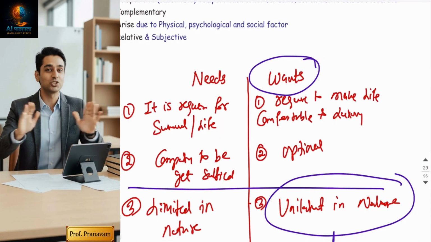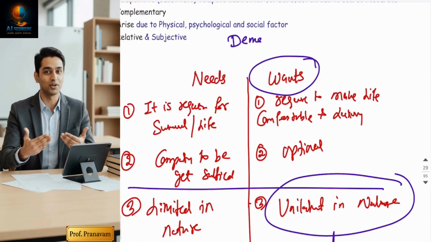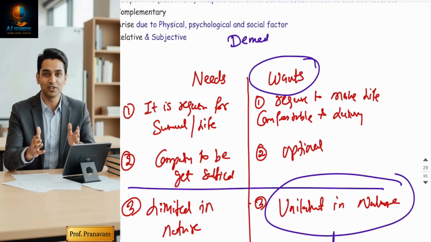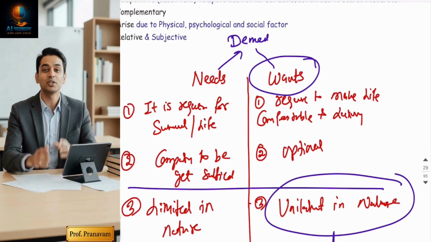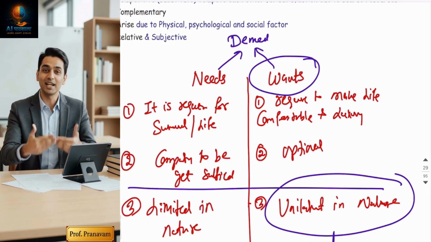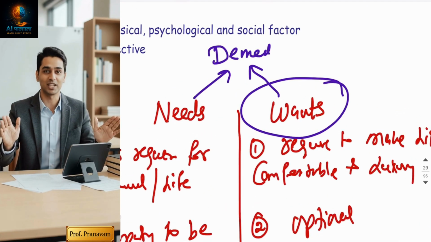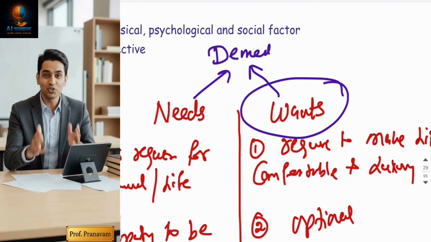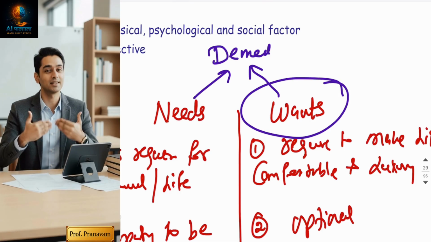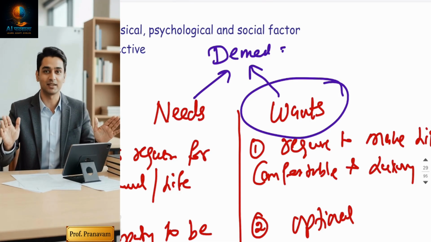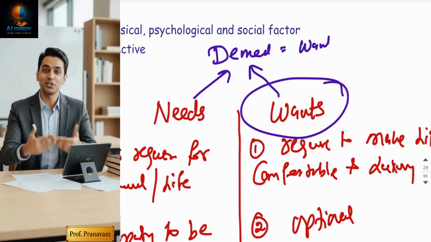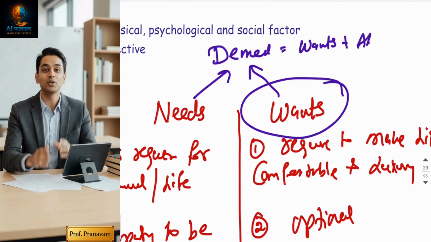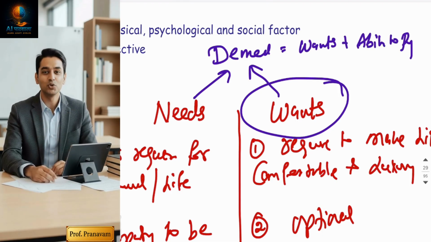Okay, sir, then what is demand? In the chapter that we have studied, guys, demand has been derived from wants and needs. Actually, all three are similar, but to understand it I can use one punching statement: all demands are wants, but all wants are not demand. Demand means you should have wants plus the ability to pay.